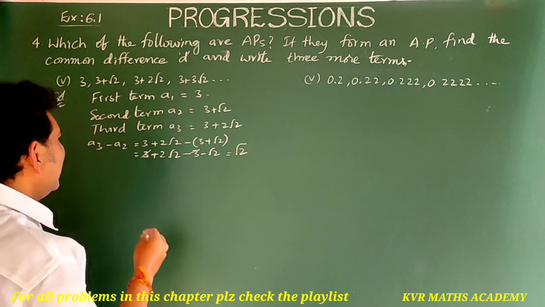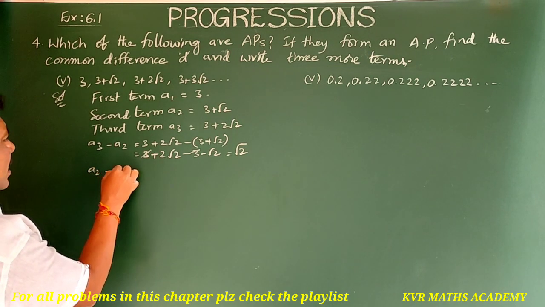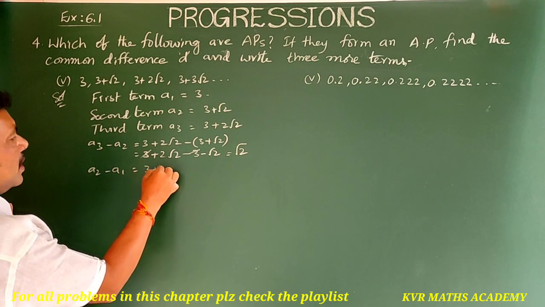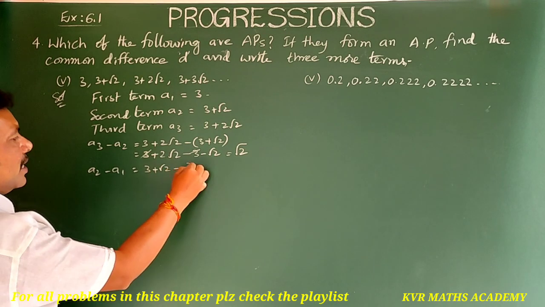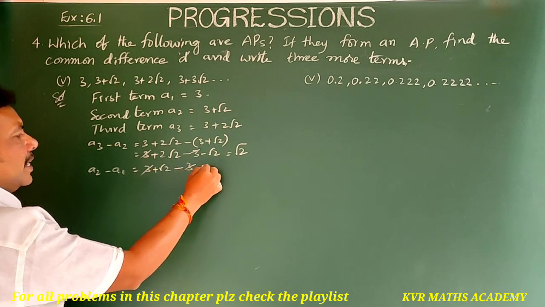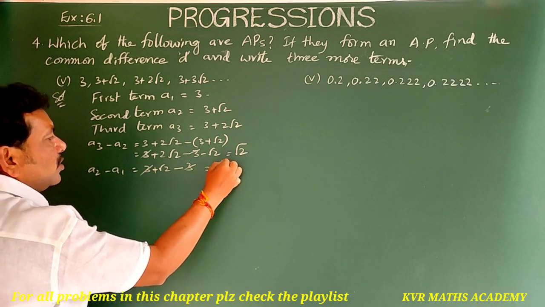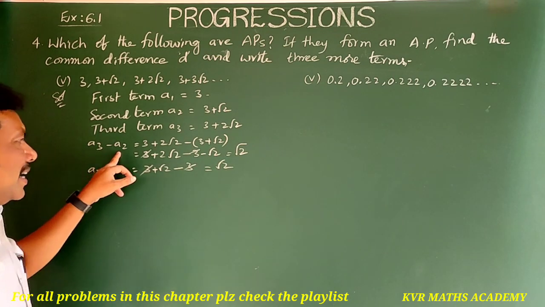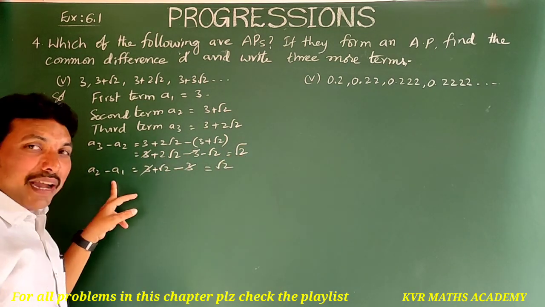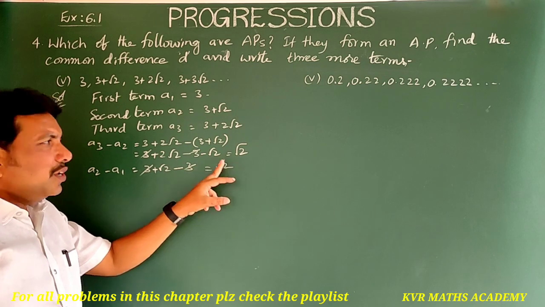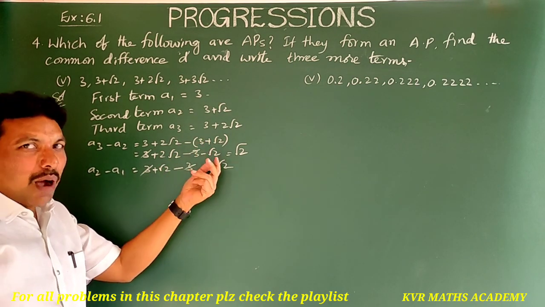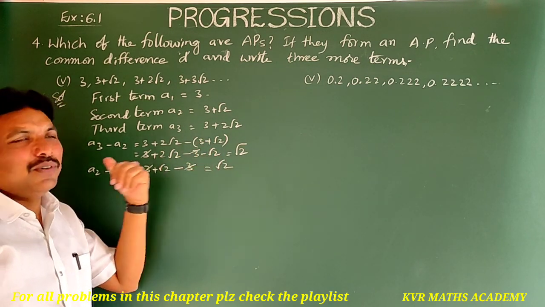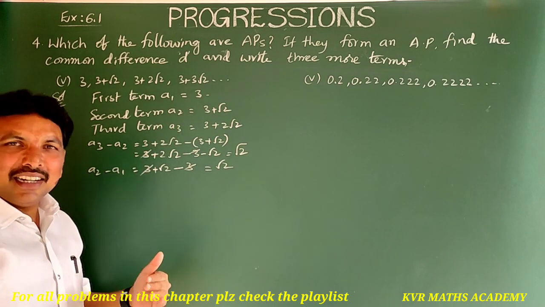In the same way, a2 minus a1: a2 is 3 plus root 2 minus a1 is 3. Plus 3 minus 3 get cancelled. The remaining answer is root 2. So here a3 minus a2 is equal to root 2 and a2 minus a1 is also equal to root 2. So both are the same, so the common difference is the same. How much? Root 2. So the given series is in AP.